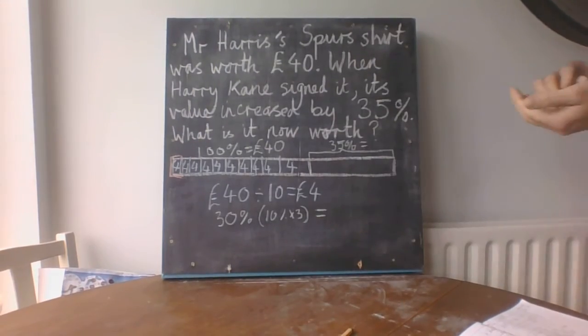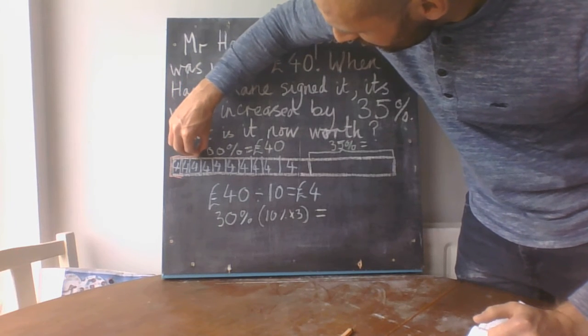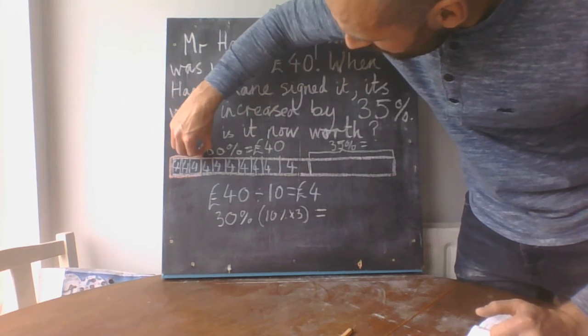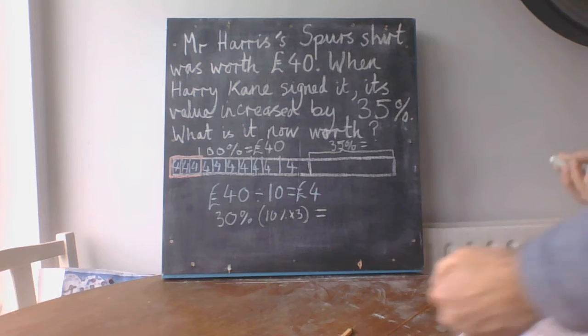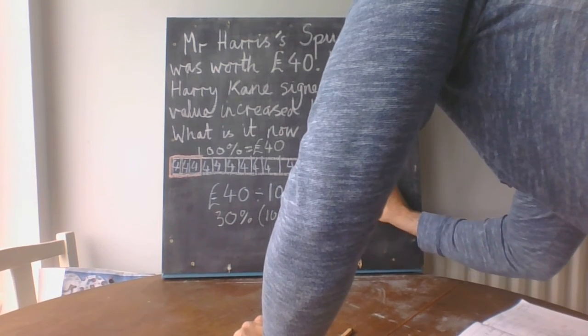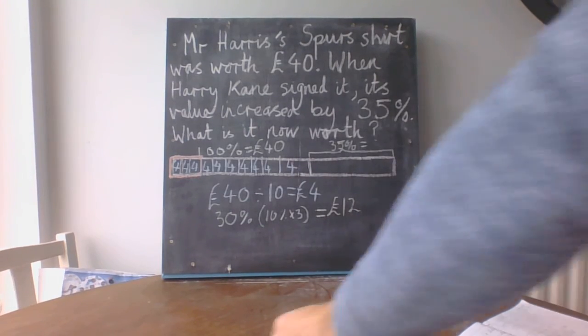Because look, on our bar model, there's 10%, 20%, 30%. So 4 times 3 gives me the answer that 30% is £12. So now all I need to find is the 5%.